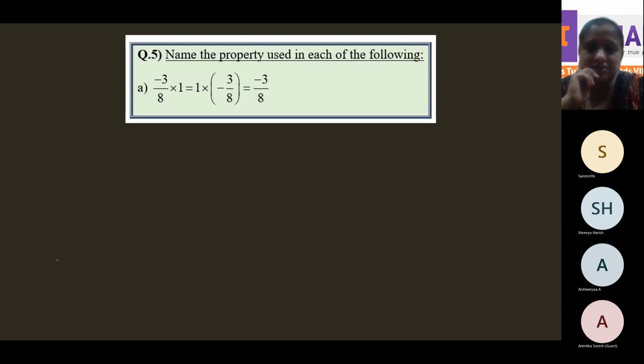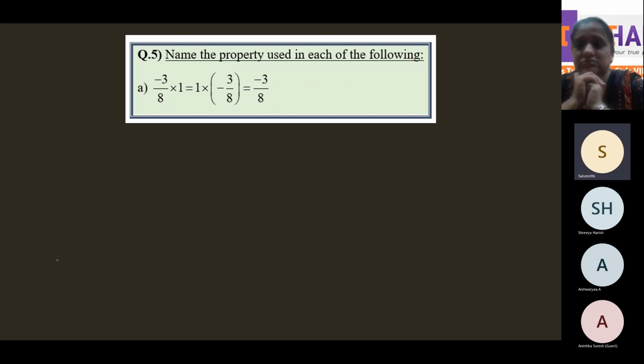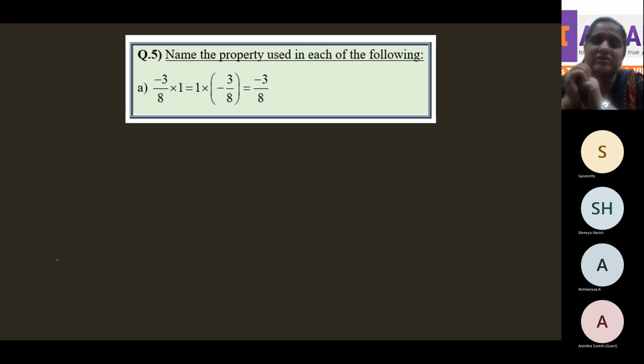What is the multiplicative identity? 1. Very good. What about the others? Agree with Smriti? Yes, ma'am. She says the property of multiplicative identity is reflected here.